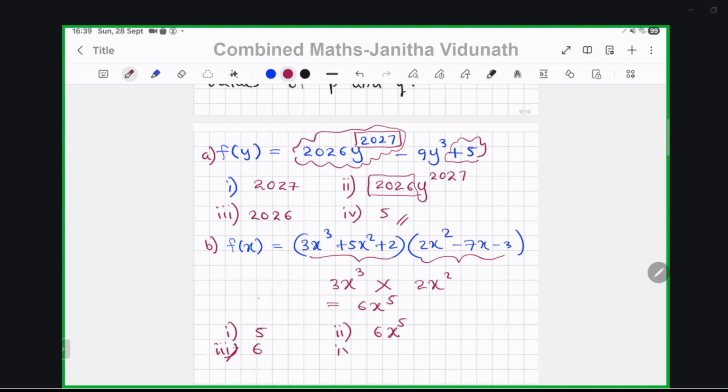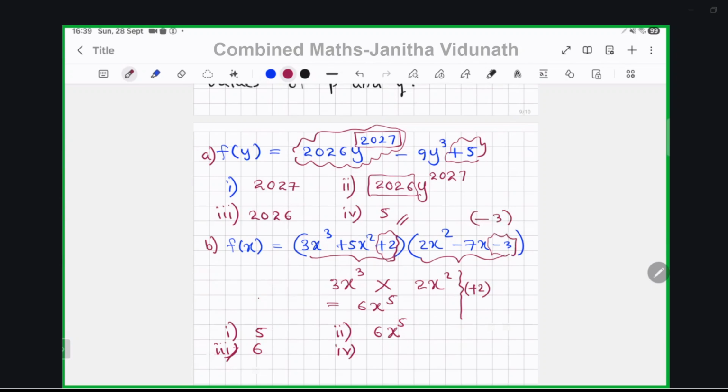And now we need to find the constant term. Here the final constant is obtained by multiplying the constants of each bracket. In the first bracket, the constant term is plus 2. In the second bracket, the constant term is negative 3.